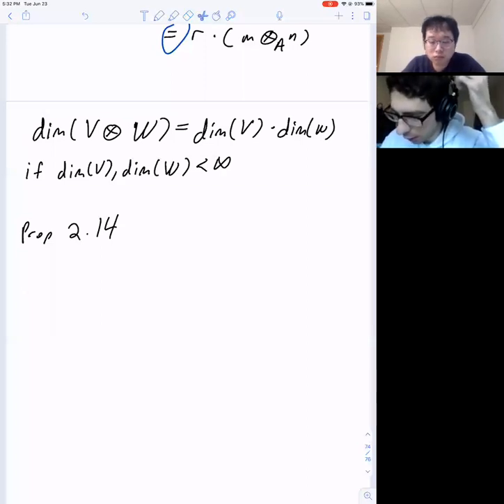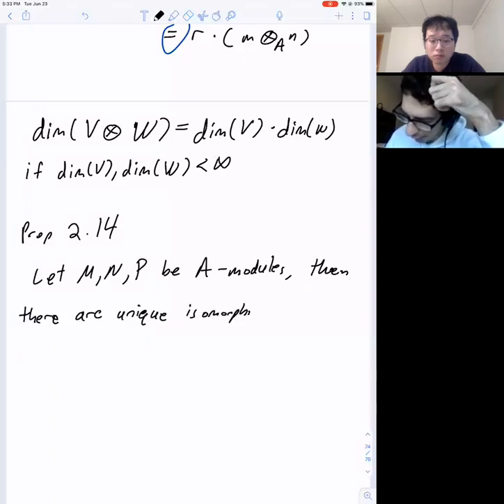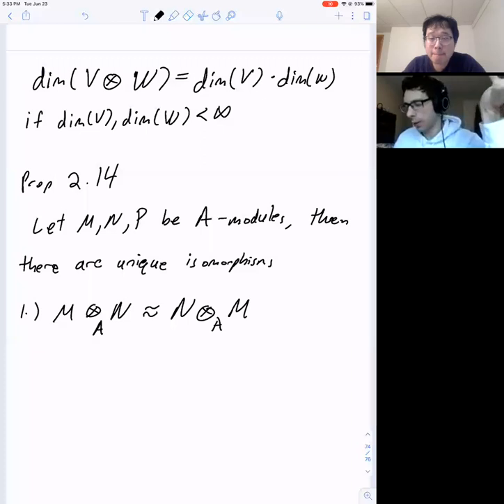Let M, N, and P be A modules, then there are unique isomorphisms. The first one being M tensor N is isomorphic to N tensor M. You would think that the tensor product should be commutative. It only makes sense.